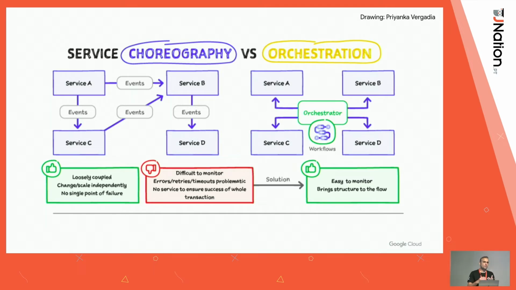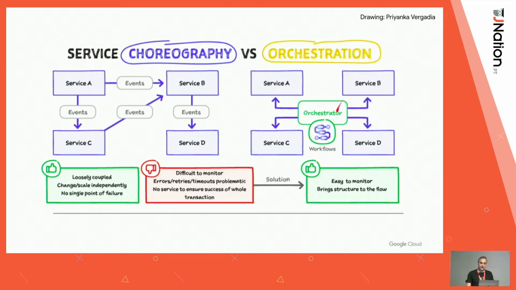If something doesn't work, you don't know immediately which service didn't send the message, or maybe which service didn't process the message, right? So even though it gives you a lot of flexibility to deploy services and update them in a loosely coupled way, you lose a little bit of monitoring and traceability when you're using events.